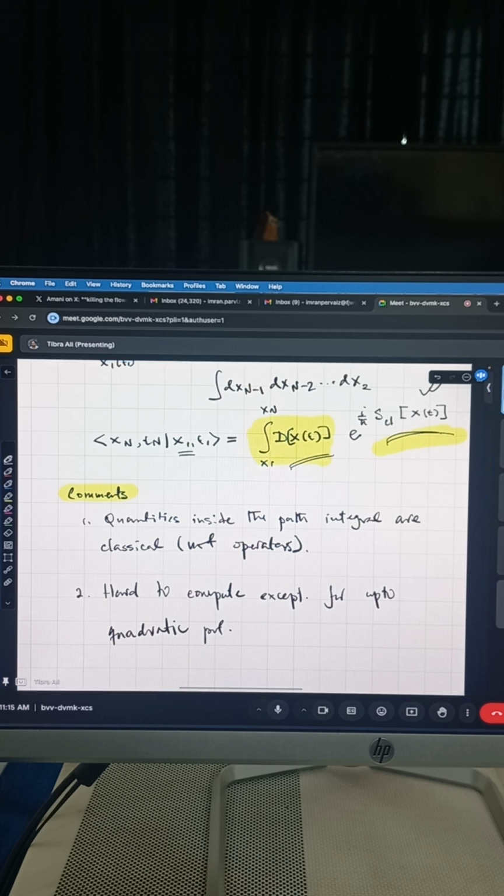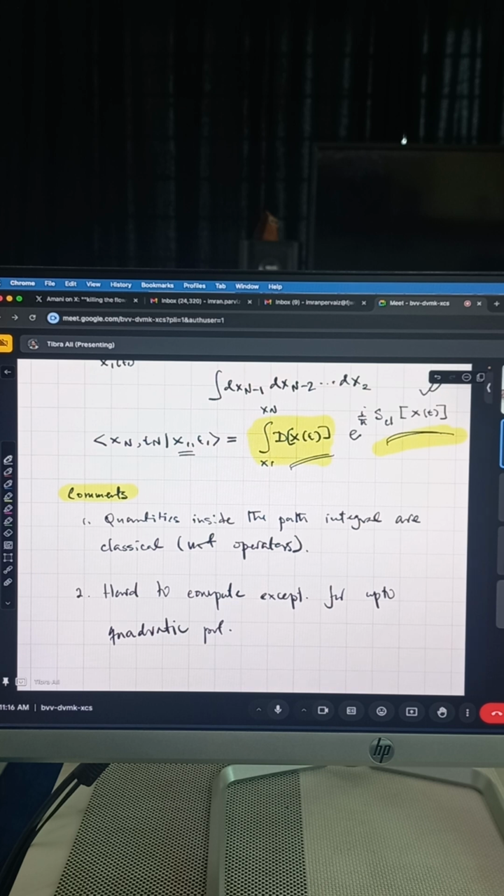Hamas has a question, I think. Yes, please, Hamas, go on. So there's a simple question. Classically, let's say the action has terms like AB, where A and B are just functions. Now, if one were to attempt to quantize that action, writing it down in terms of some operators, I'm not sure how that would necessarily give the correct theory quantum mechanically.